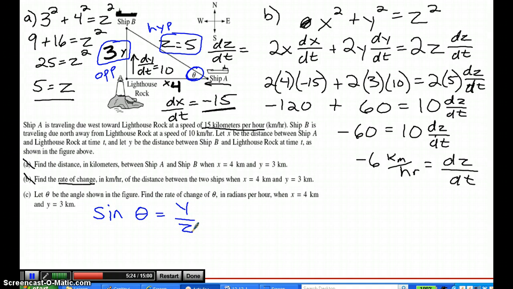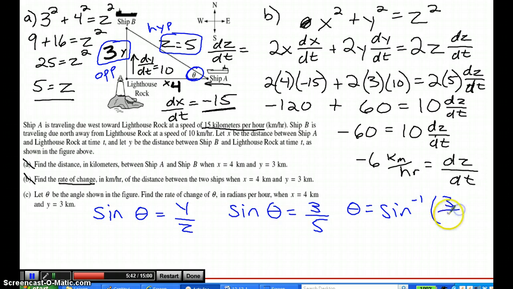Well, we need to know what theta is first. The sine of theta equals 3 over 5, and theta is the inverse sine of 3/5. To 3 decimal places, theta is 0.644.